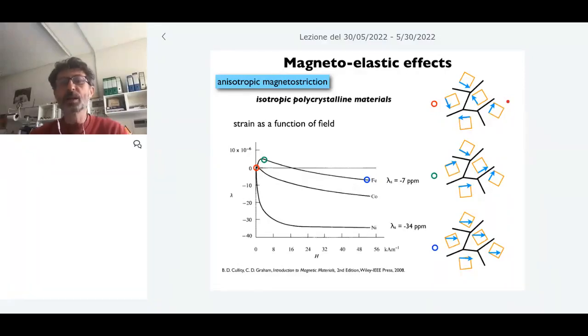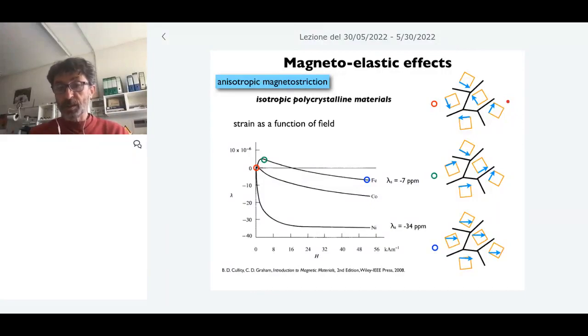This is a typical situation illustrating what you may have as a domain structure when you don't apply any field. So the magnetization is close to zero, and with respect to the local easy axis, it points in a random direction.